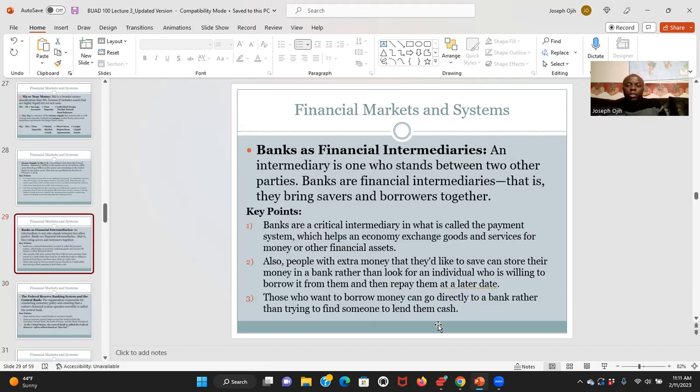Like now, if you want to borrow money, you don't have to start looking for somebody who will lend it to you. That would be an uphill task. Of course, you can contact your relatives, but it doesn't always work out. But you can go to your bank or apply for a credit card.